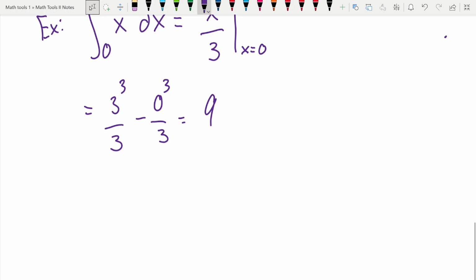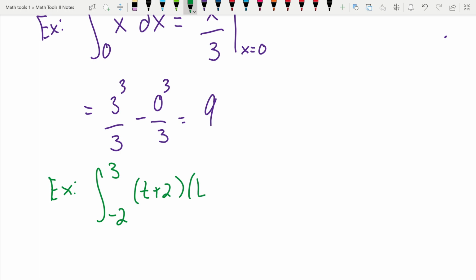So we'll just keep going, just keep doing a few. I'll do a bunch of examples here of different things that can come up. So the integral from -2 to 3 of (t + 2)(t - 3) dt. Now, there's no rule about the product of integrals, right?